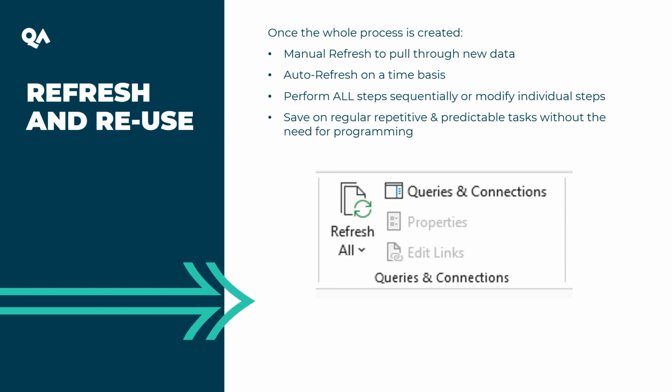And all together, we're going to save on those regular, repetitive, predictable tasks and not a single bit of programming was needed. VBA isn't dead, macros aren't dead, but transform data is certainly going to take a lot of the heavy lifting, I would guess.